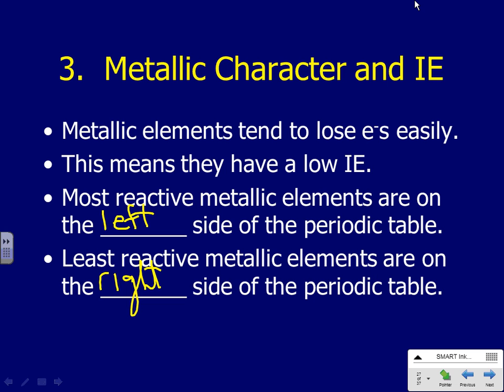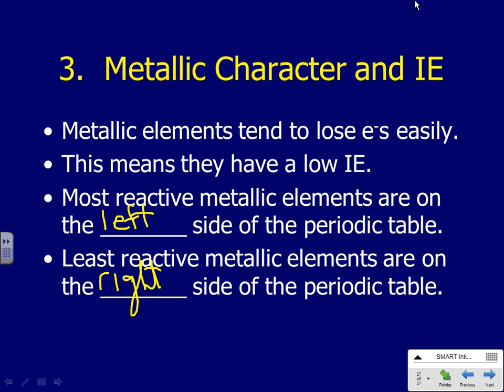All right? There's even a top and bottom relationship. Where am I going to find the most reactive metals? Where is the lowest ionization energy when I move up and down the periodic table? Yep, at the bottom. More orbits, farther from the nucleus, very weak hold. Therefore, what is the most reactive metallic element?